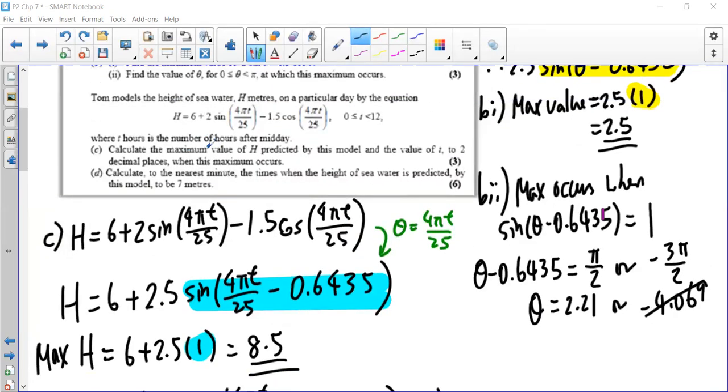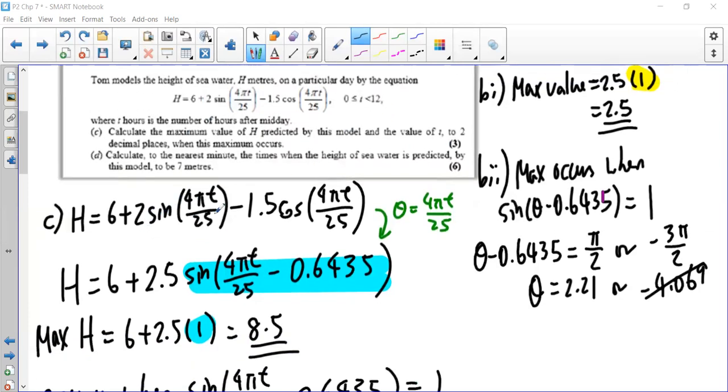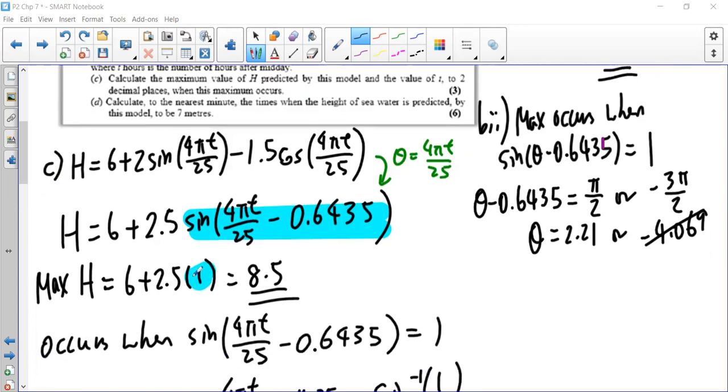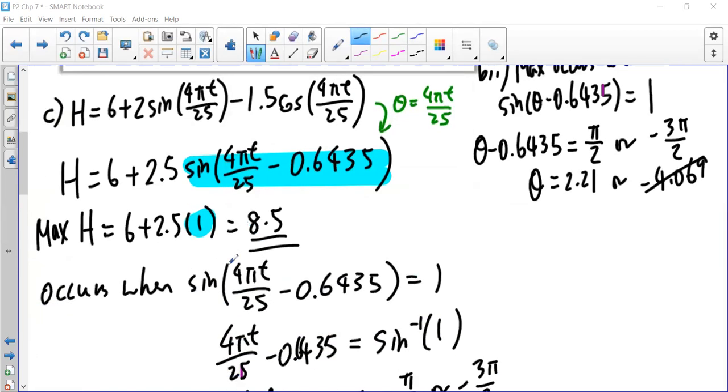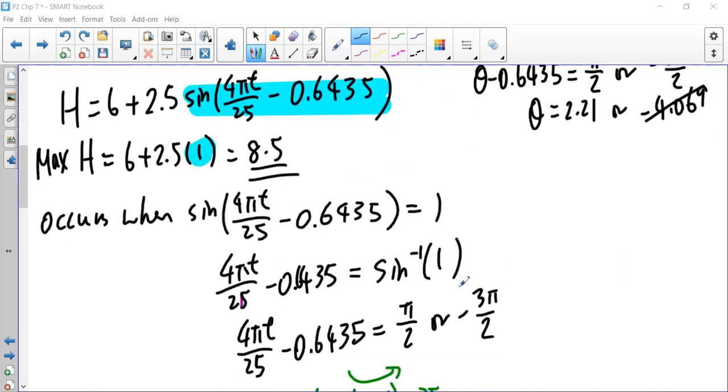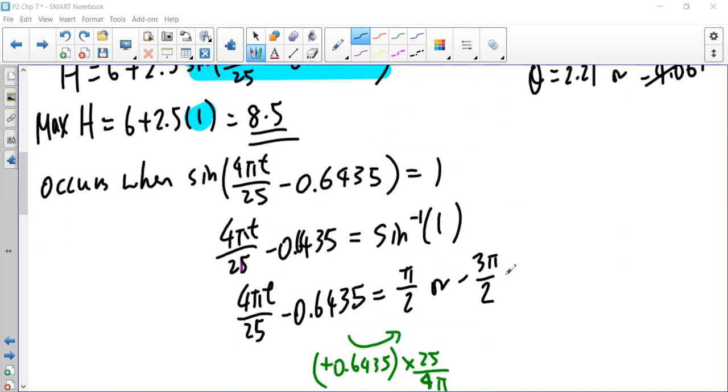Question C. First of all, rewrite the equation using the answer in part A. So rewrite 2 sine 4 pi t over 25 minus 1.5 cos 4 pi t over 25 into 2.5 sine theta, which is now 4 pi t over 25 minus 0.6435. Then I replace the highlighted part by 1, to find the maximum. It occurs when the highlighted part equals 1, so I inverse sine of 1, pi over 2, or negative 3 pi over 2.